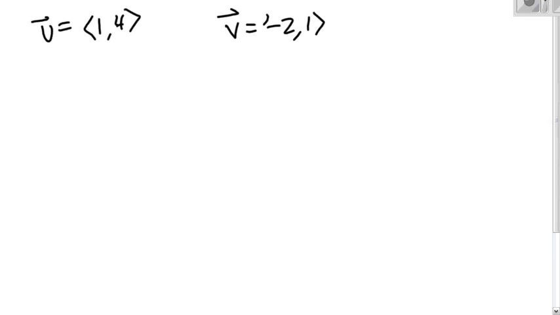So there's some important formulas: the projection of u onto v and the component of u onto v. So if you are given two vectors, say vector u is the vector 1, 4, and v is -2, 1. We can find the projection of u onto v.